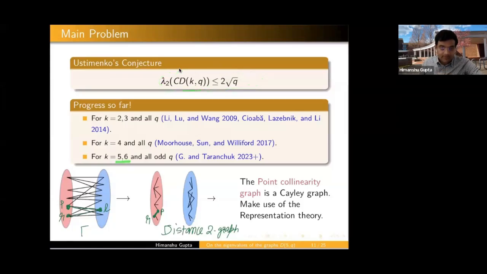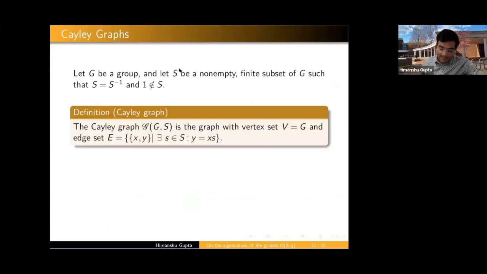We can prove it for k equal to 5 and 6 and all odd q. What we are going to use is representation theory of finite groups. Okay, so let me define a Cayley graph. We start with the group G, and let S be a non-empty finite subset of G such that S is equal to S inverse.